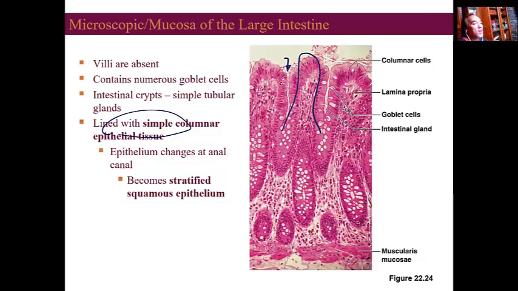In the large intestine we call them intestinal crypts, and simple tubular glands are located within those crypts. Remember, they also secrete mucus, the same thing as the stomach does, to protect the surface from any injury.